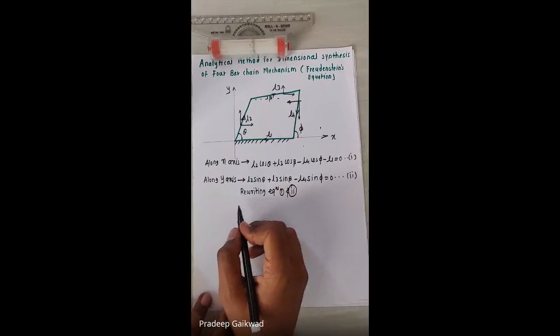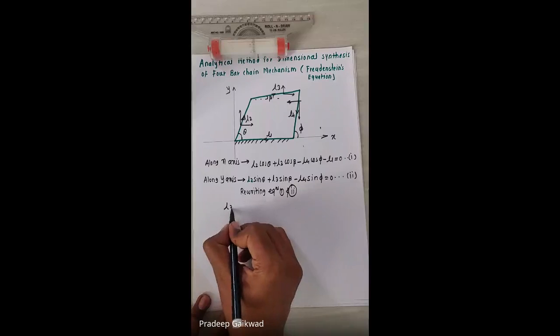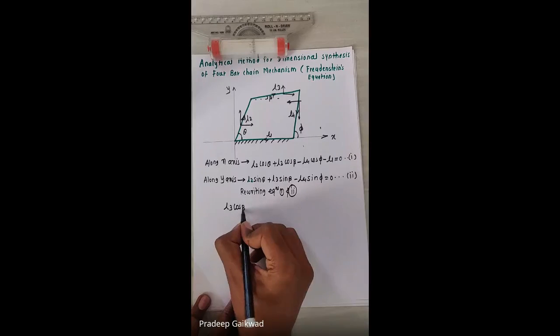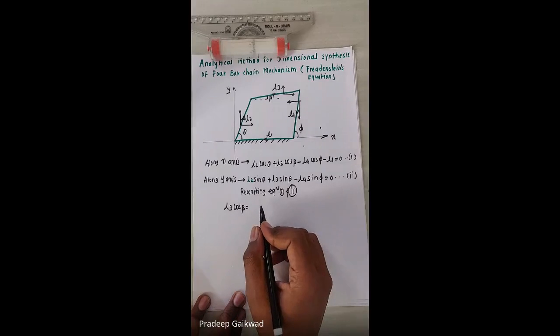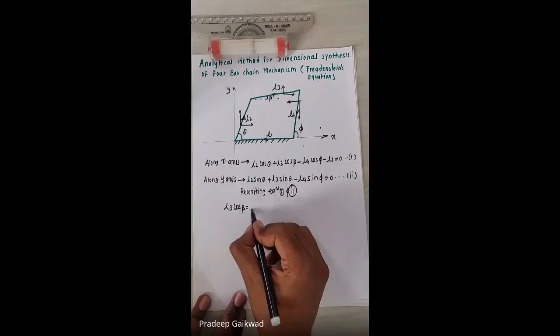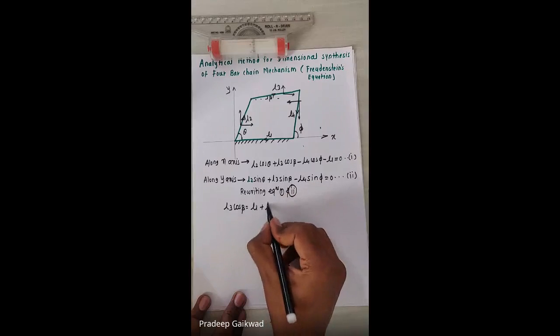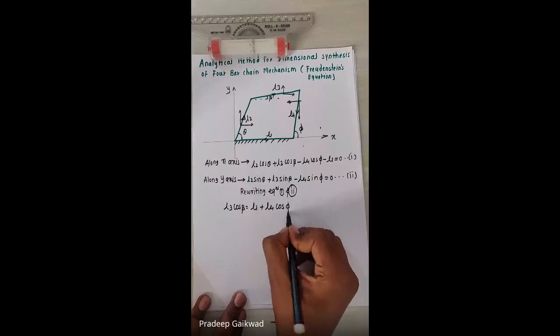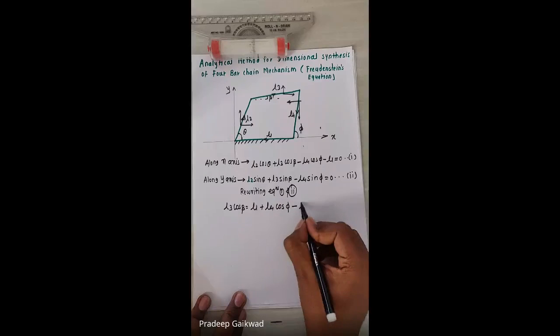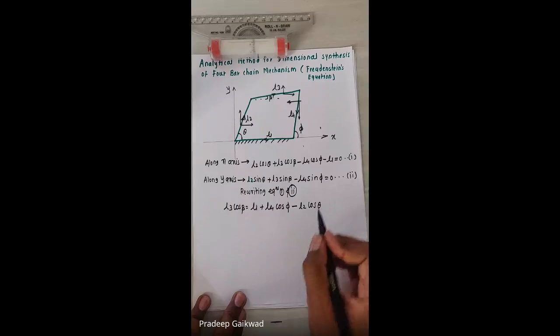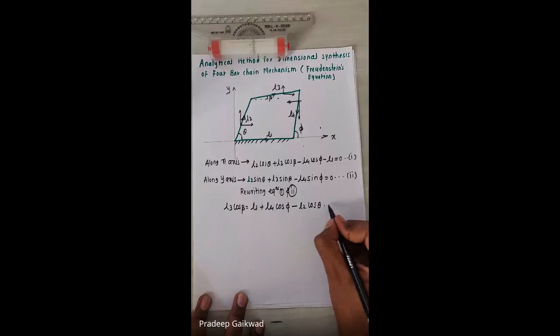Hence L3 cos beta is equal to L1 plus L4 cos phi minus L2 cos theta. This is a rewrite of equation number 1.